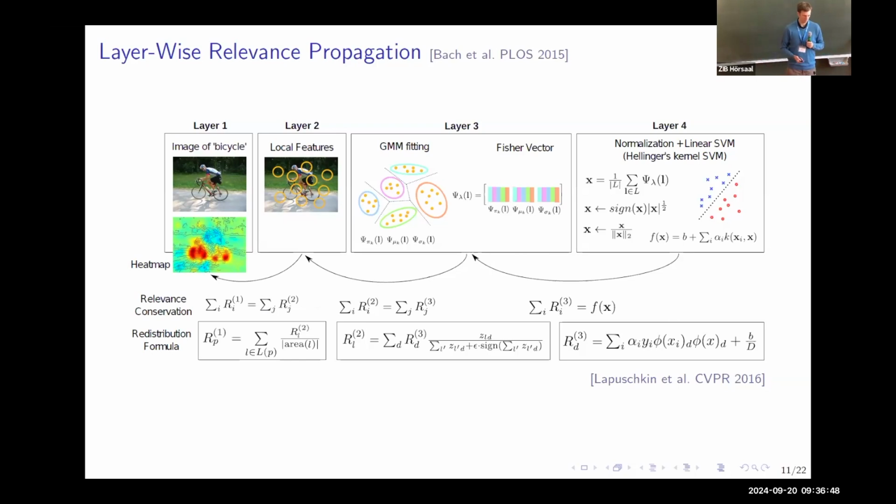So it's a way to identify what contributes to the prediction of your model. And at the end of this procedure, you have a heat map, which tells you what the model has looked at. Here you have a bike, and it has identified, for example, the wheels as being responsible for the class bike.